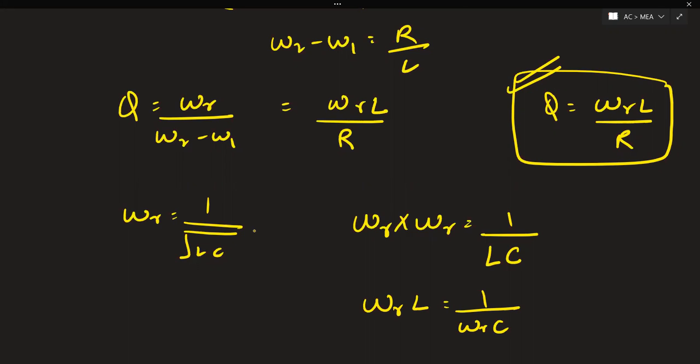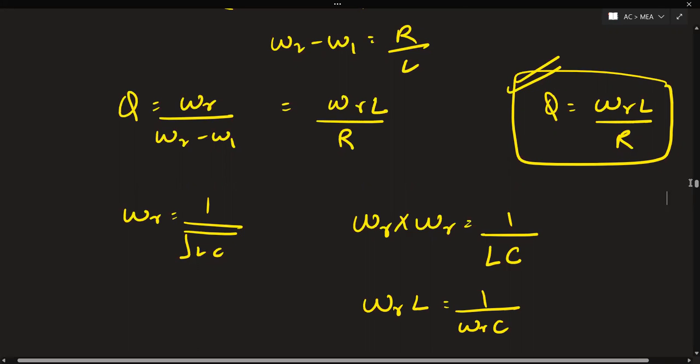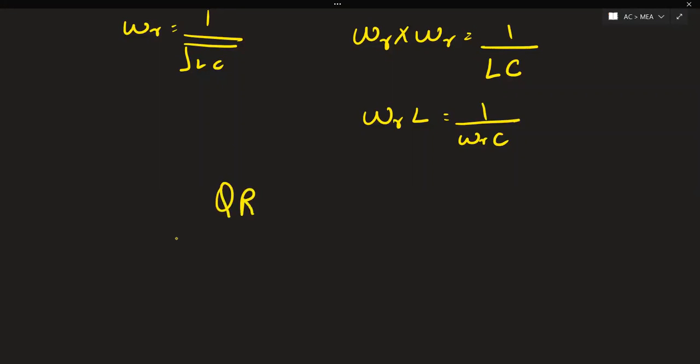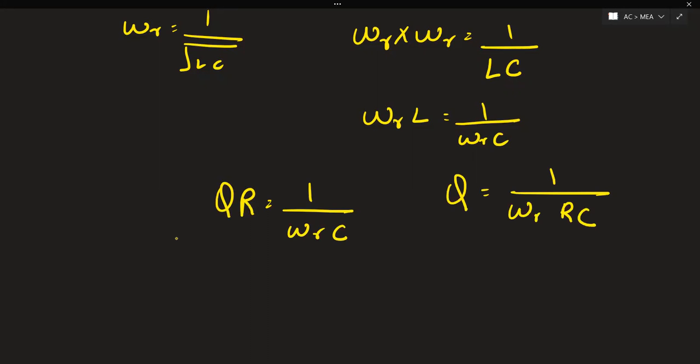See, class, from here, if you look at this formula, omega R into L is what? Omega R into L is Q into R. So you can write Q into R as 1 by omega at resonance C. Q comes out to be 1 by omega at resonance RC. And what was omega at resonance?